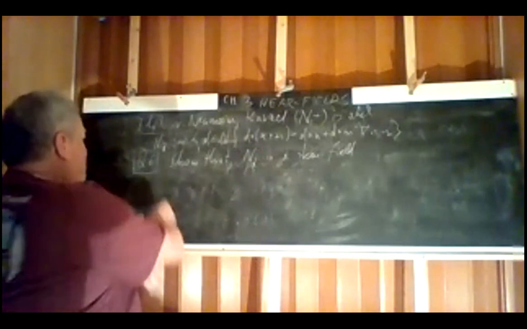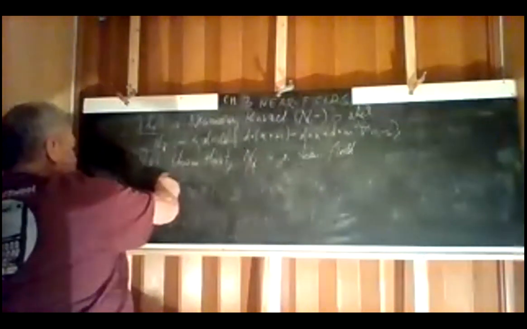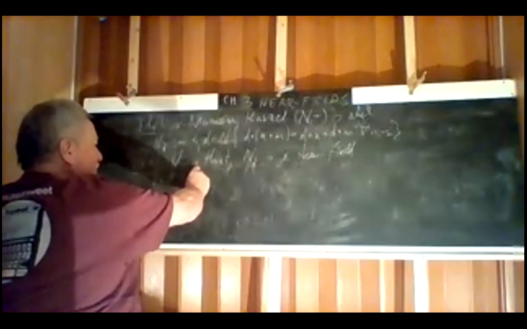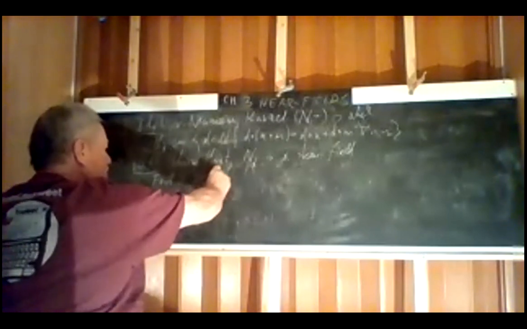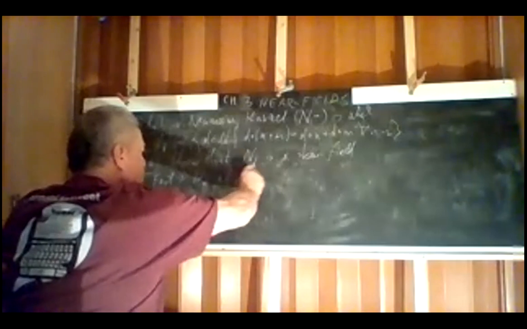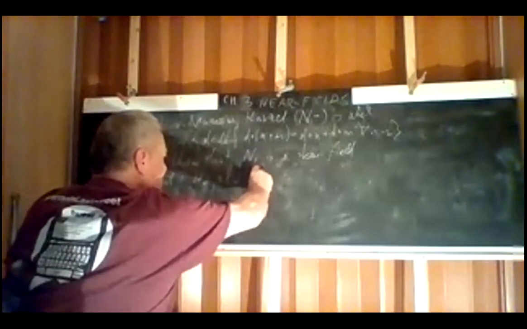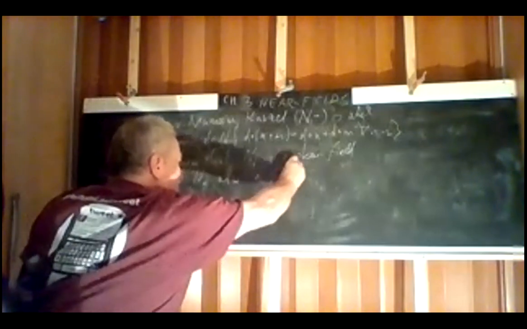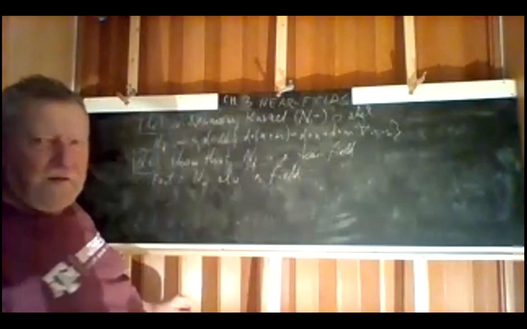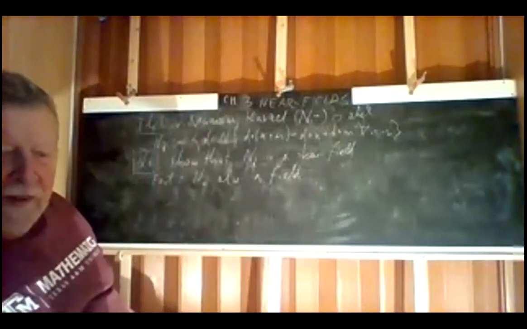So the fact would be that N sub d is always a commutative field, not only in the finite case, but also in the infinite one.